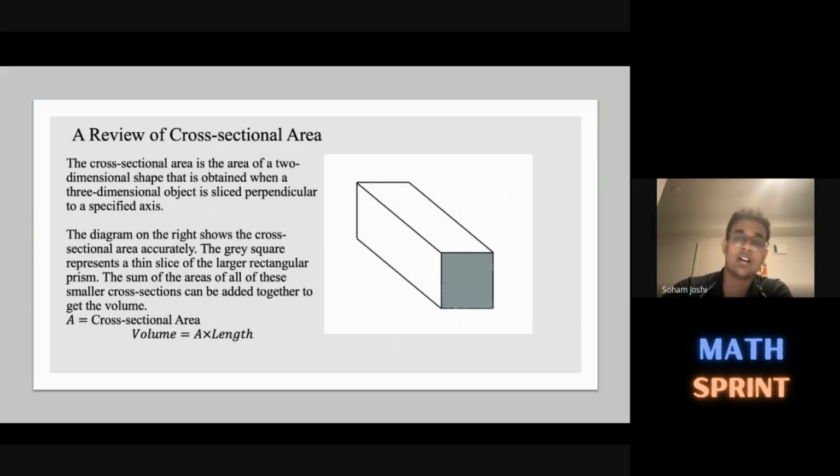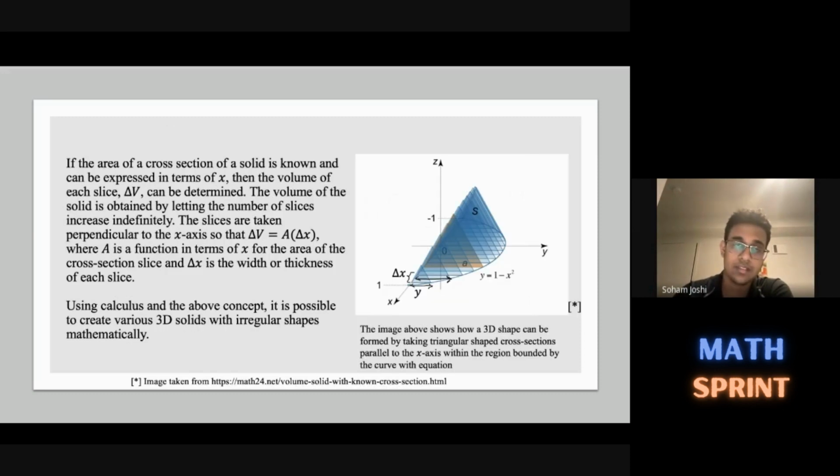The gray square here is actually representing a thin slice of the larger rectangular prism. The sum of all of these thin slices, all of these smaller areas with their own tiny thicknesses, all of these smaller cross sections can be added together to get the total volume. Now you can check out the formula below for your understanding.